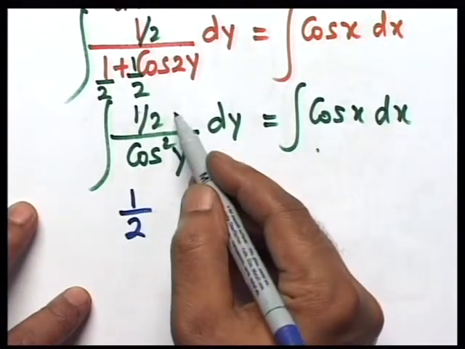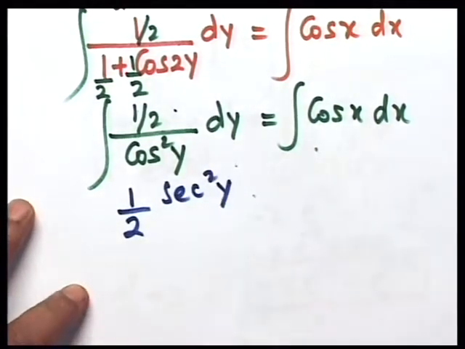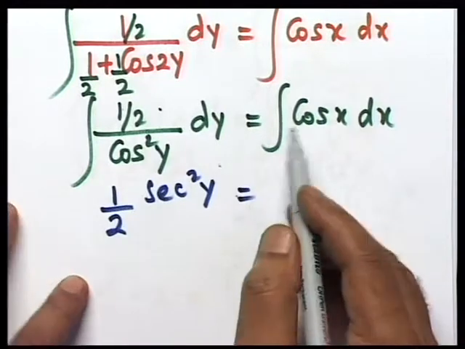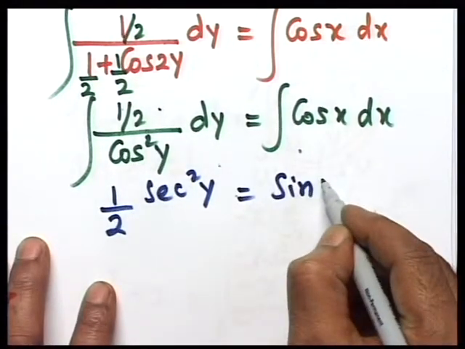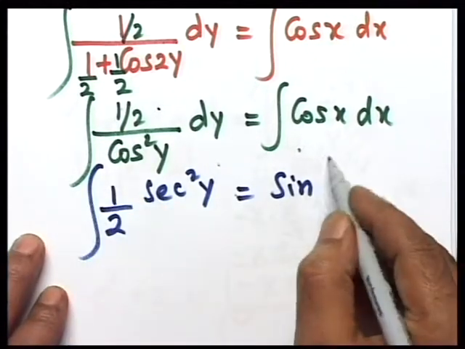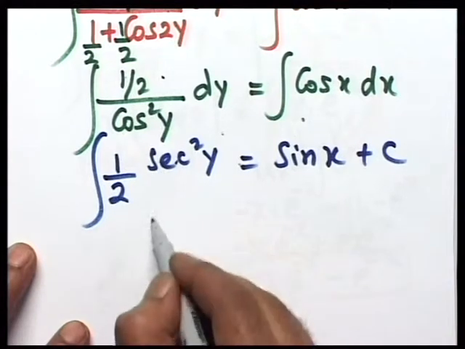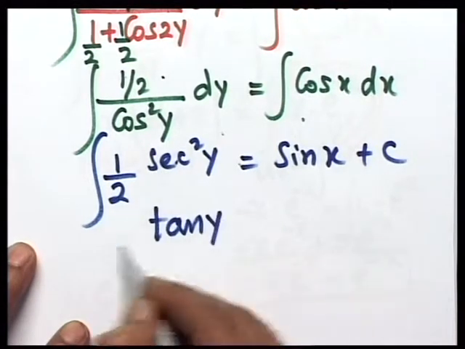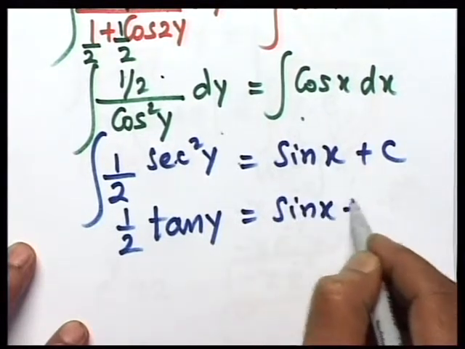So what does 1 over cos square mean? That's a sec square. So it's a sec square y, right, equals to integration of cos is a sine, we know. We didn't integrate this yet, okay, that's a sine x plus c. Let's integrate sec square y, we know, is a tan y. That's nice. It's a half tan y equals sine x plus c.